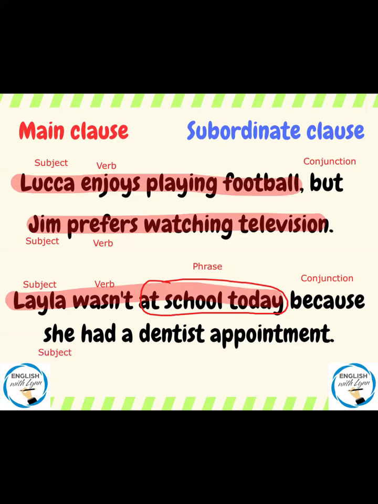She had is the verb. A dentist appointment is what she had. So this part here is a subordinate clause. Again, we could turn this around and say, because she had a dentist appointment, Layla wasn't at school today. And what we would need to remember if we did that is the comma after the word appointment.